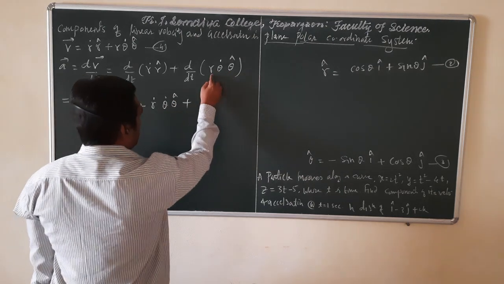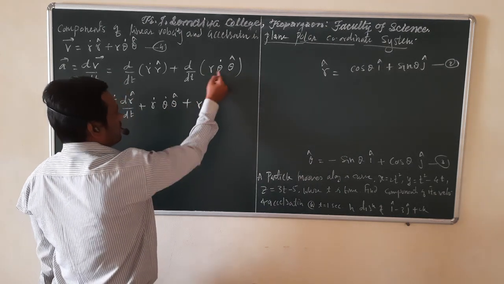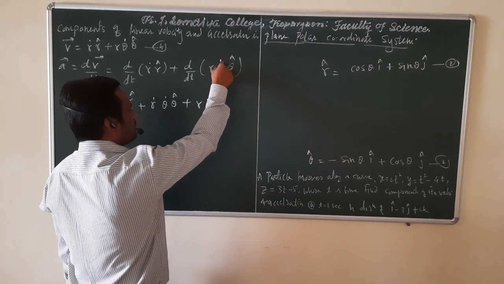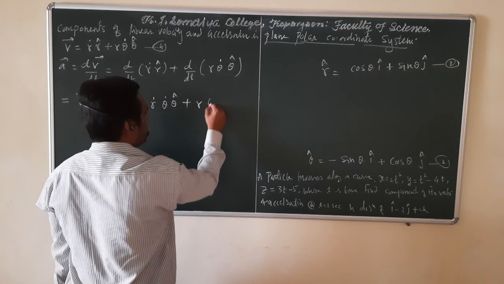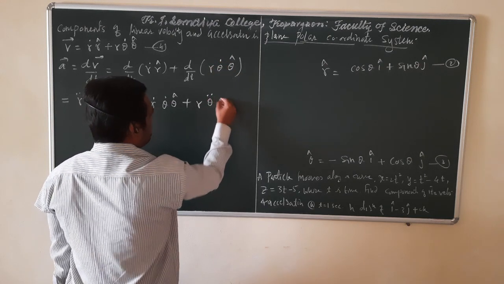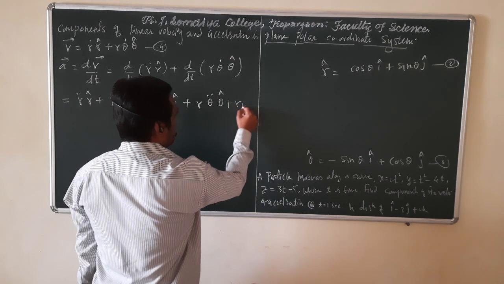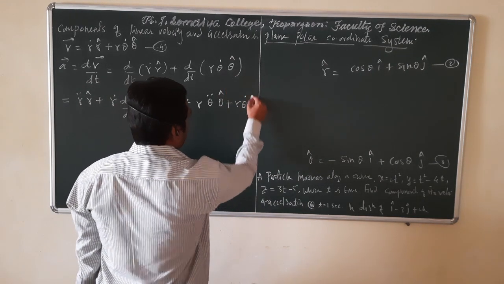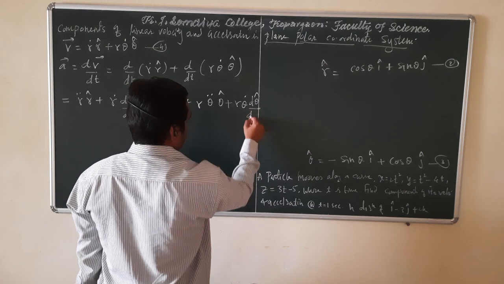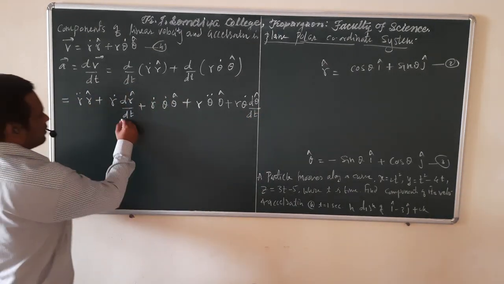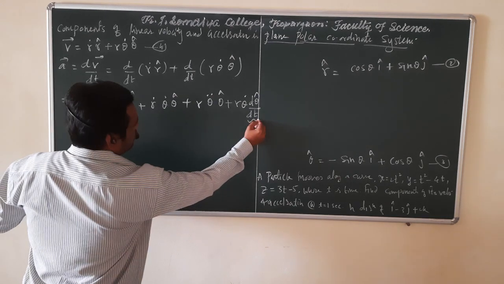Plus, if you take the first term constant, the derivative of the second term, which is the first order derivative of theta, will become theta double dot, with the third term constant, plus r into theta dot into the derivative of the third term. Okay.